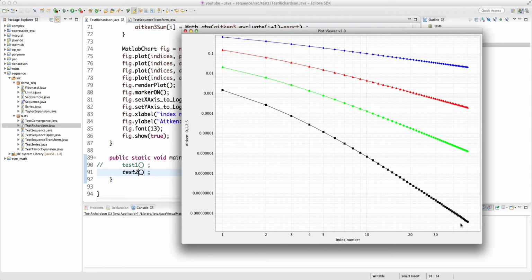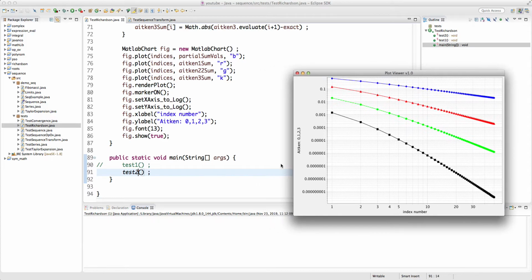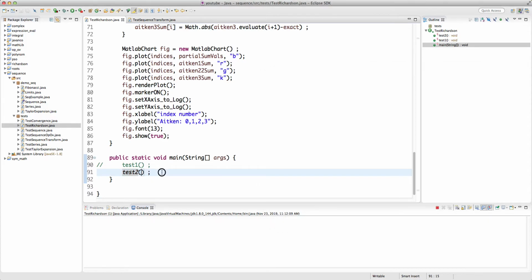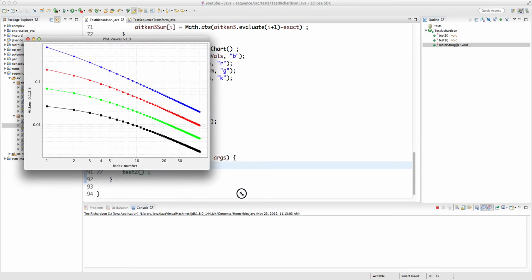And then the third order Richardson basically obliterates the previous ones and gives us more than 8 decimal places of accuracy. Now, as you can see, this sequence was a monotonically increasing sequence, right? The partial sum. And the Aitken or Shanks don't work because they're typically very good for alternating sequences.